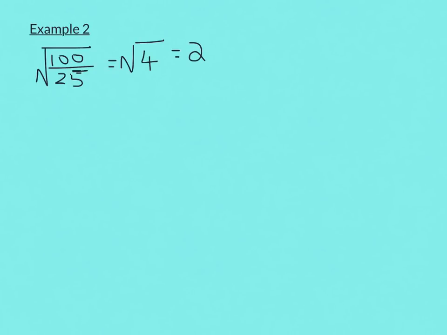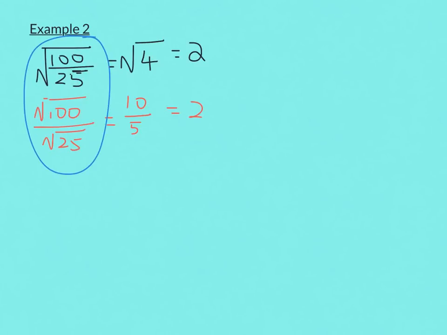And if you were to, say, break it up into square root of 100 divided by the square root of 25, and square root of 100 is equal to 10, and square root of 25 is equal to 5, and that gives us 2. So very conveniently, we can apply this property to help us simplify radicals.